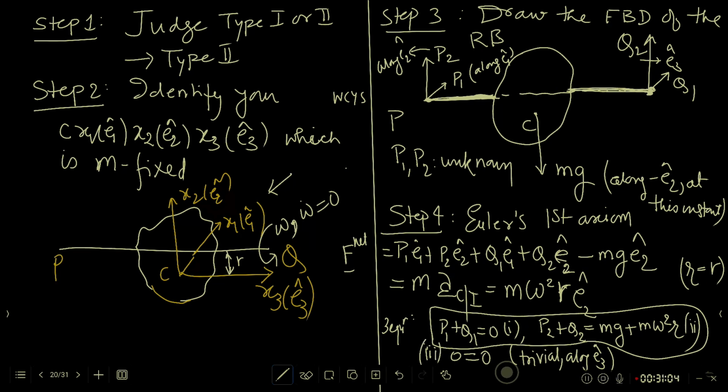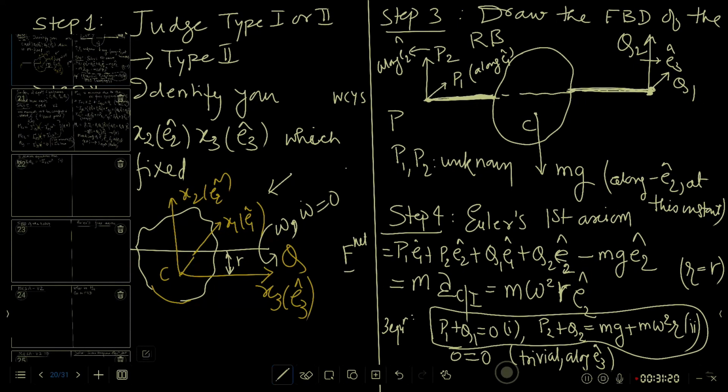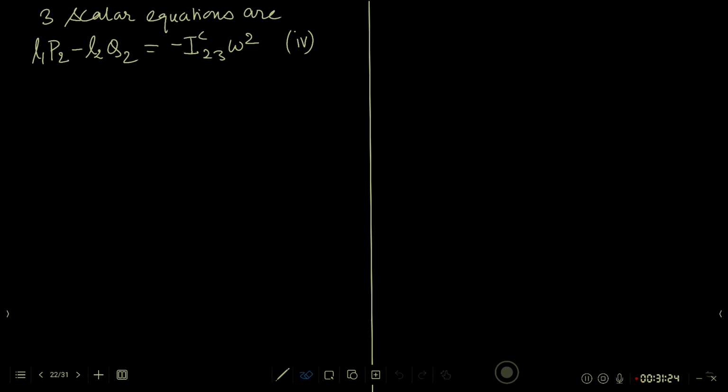So I have, maybe I just leave the numbers here as 1 and 2. P1 plus Q1 is first equation, P2 plus Q2 equals this is second. So strictly speaking, I should call this equation number 3, the third non-trivial equation, not 4.